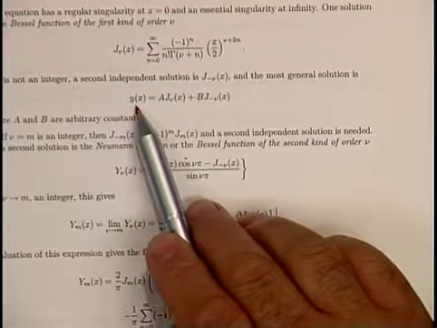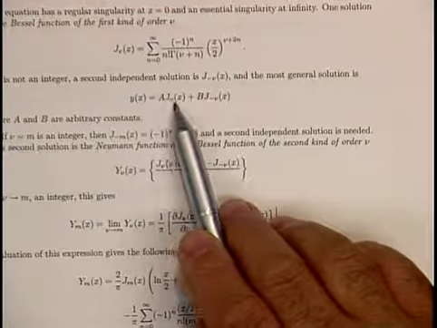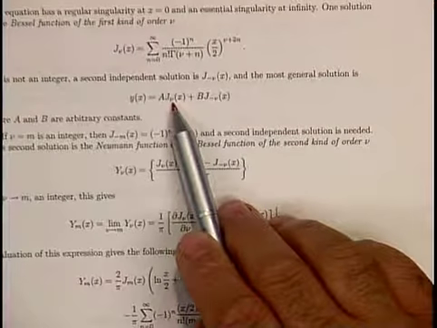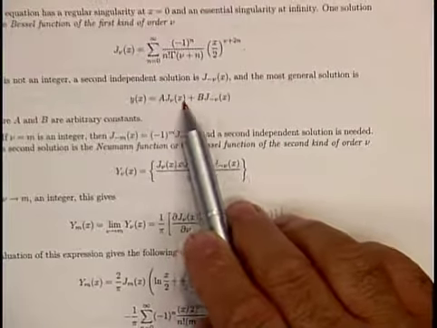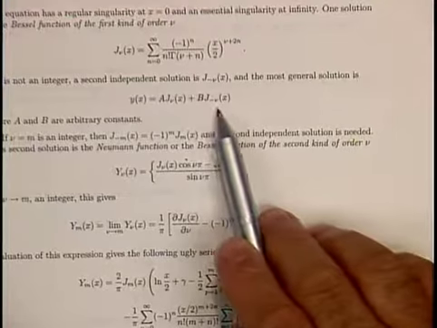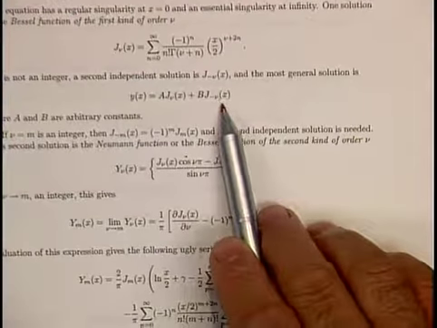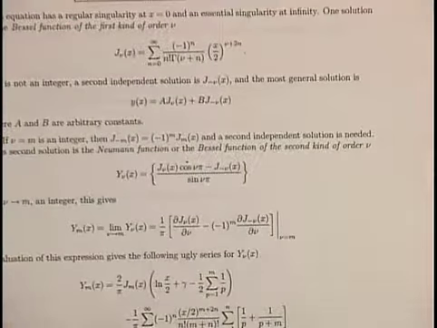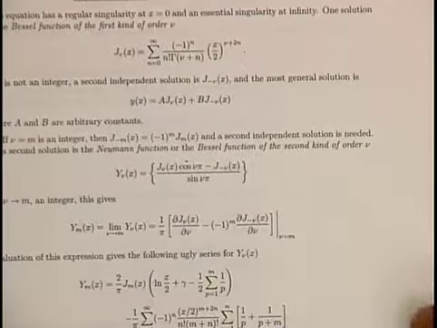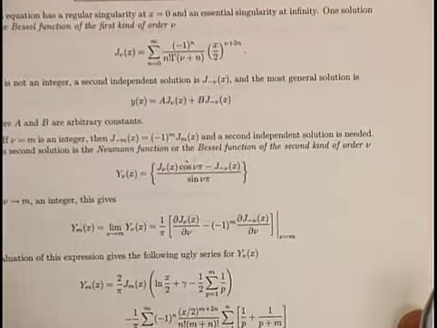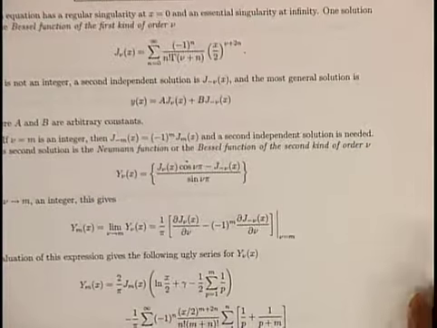We obtain y of x equal to a multiplied by J sub nu of x plus some constant b multiplied by J sub minus nu of x. Both a and b are arbitrary constants that you have to define using the boundary conditions, for example, for the problem in hand that you are solving.